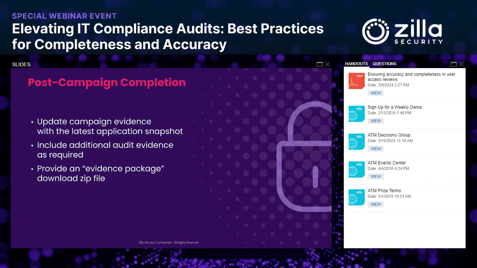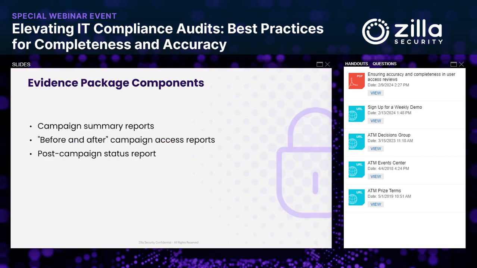Additional audit evidence can also be included after the campaign has been completed. And this is based on any post-campaign audit evidence that may be required. All the evidence that is automatically generated and manually uploaded is accessible as an evidence package download zip file.